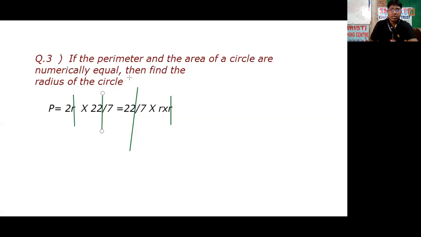Now you can observe here, then find the radius of the circle. So the value of r is equal to 2.